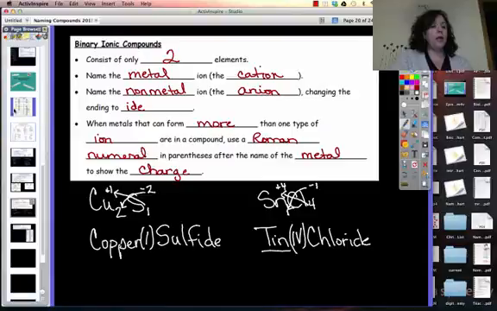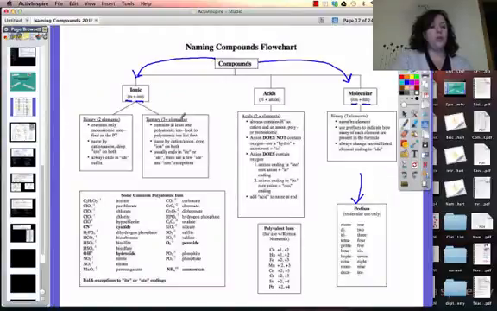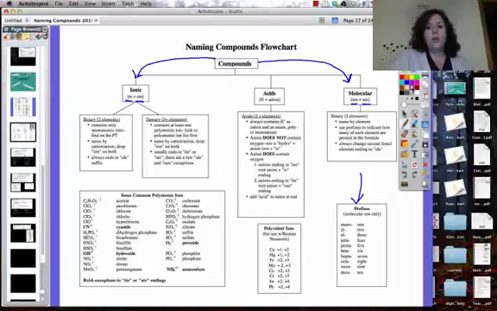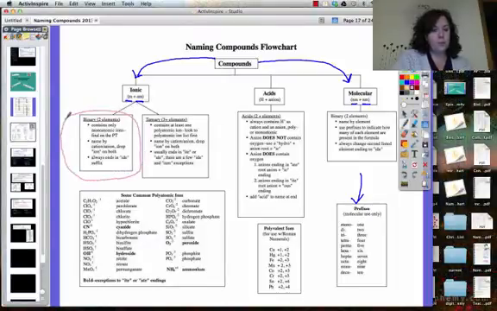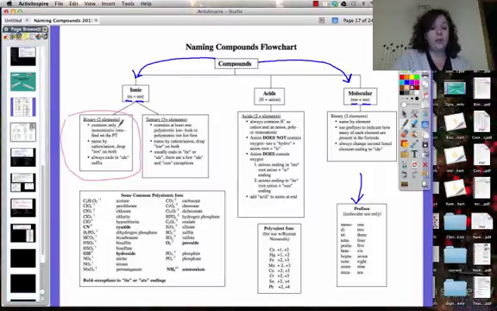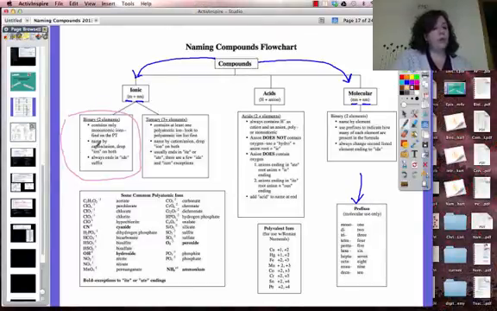Now let's look at the rules that are on your flowchart so that if you get stuck, you can always go back and look at these rules. So we are looking right here. All right, binary, 2 elements, contains only monatomic ions. You find them on the periodic table, you name the first one its regular name, but the anion, you drop the last part of it and you change the end of it to IDE.